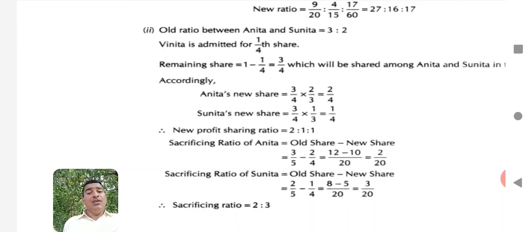You can calculate the sacrifice ratio after calculating the new ratio, because if you know the old ratio and the new ratio, it is very simple: old ratio minus new ratio is equal to sacrifice ratio.